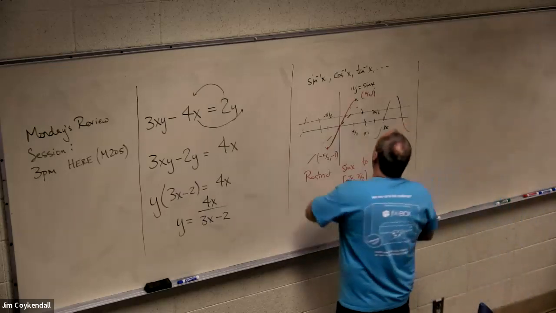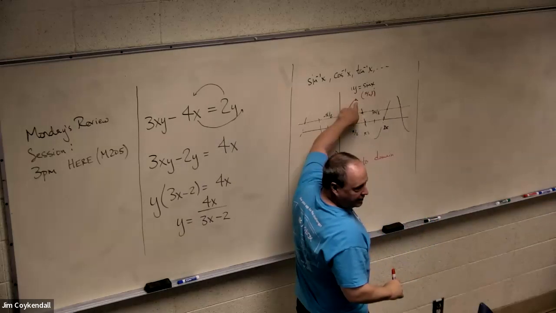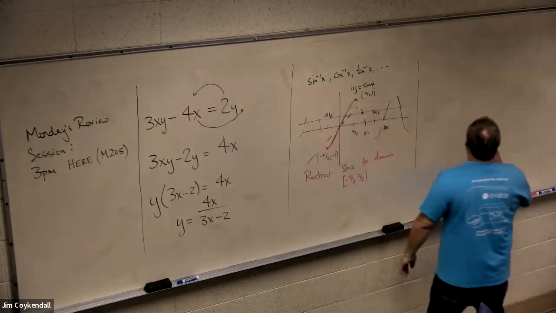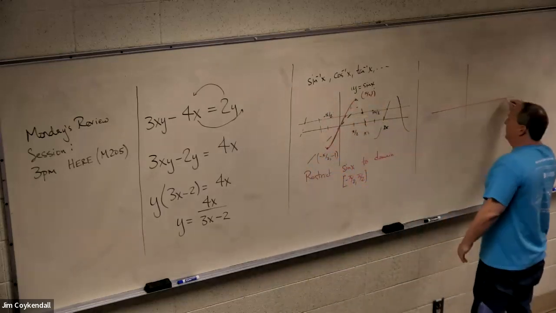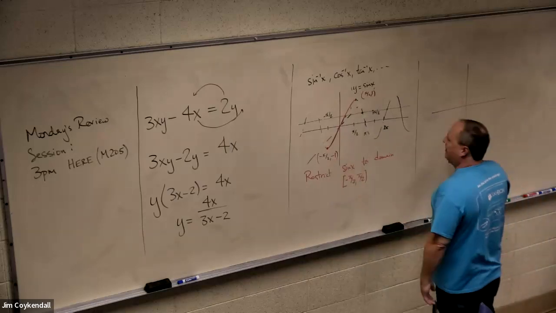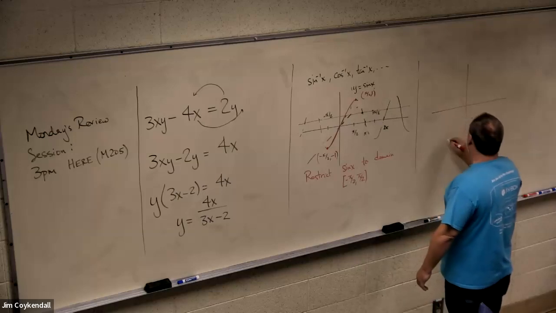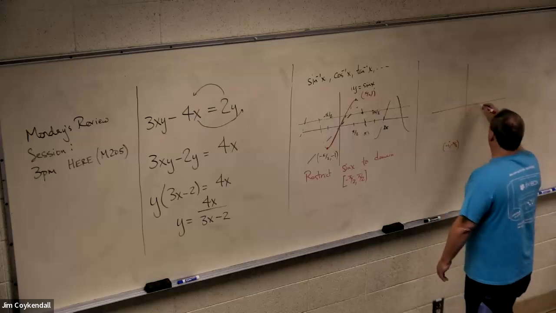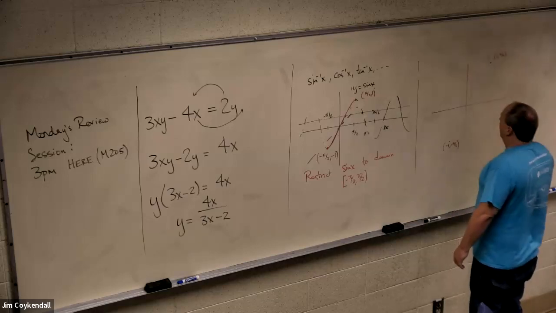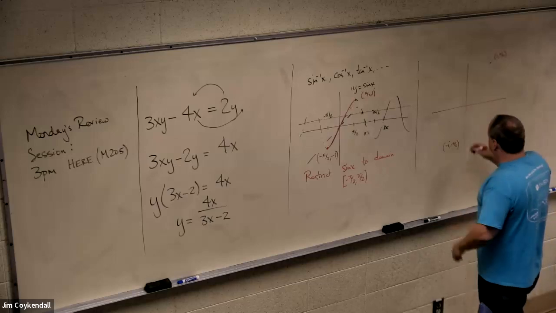By the way, what does it look like the slope of the tangent is right there? Looks like 0, doesn't it? When you reflect this, now you've got the point (−1, −π/2) and the point (1, π/2).